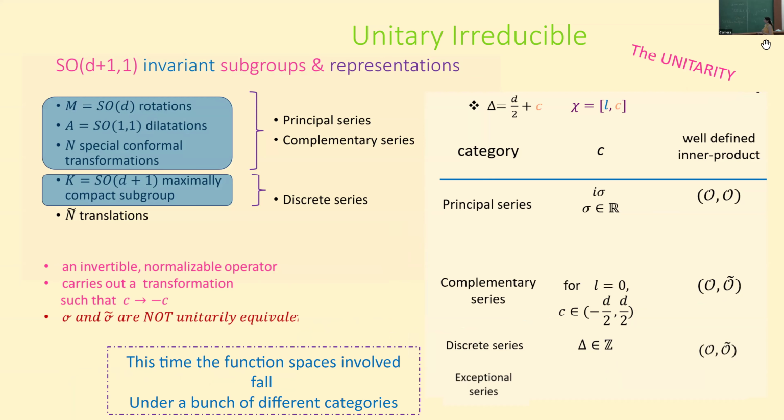So they are actually getting the inner product from the exceptional series. So it's different in the exceptional series and complementary. And one of the exceptional series, because it breaks down to discrete, discrete gets its inner product from that particular one.